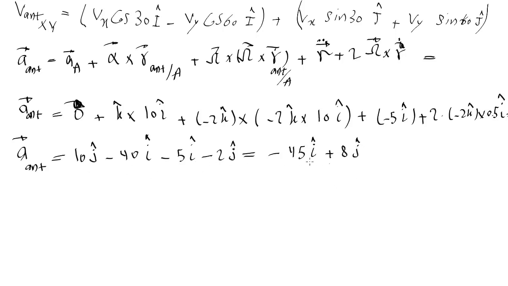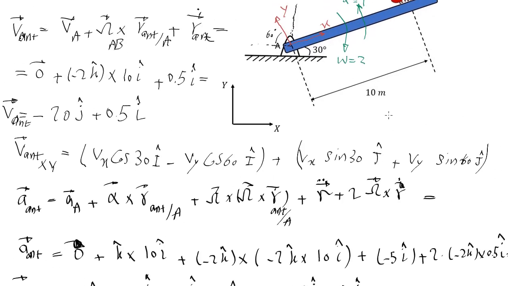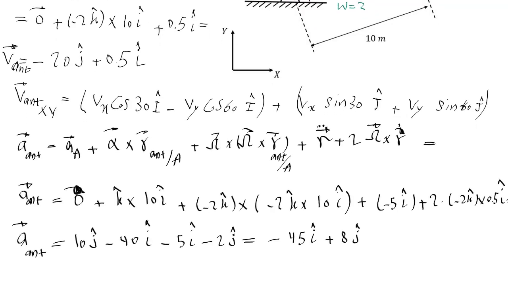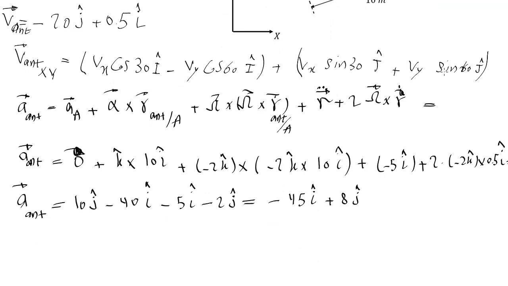Again, this is the acceleration of the ant with respect to the inertial frame, but it is written in the rotated frame. If you want to write the acceleration in the inertial frame, we can use the formula that we had for the velocity, but here we would substitute ax and ay to write the acceleration in the inertial frame.